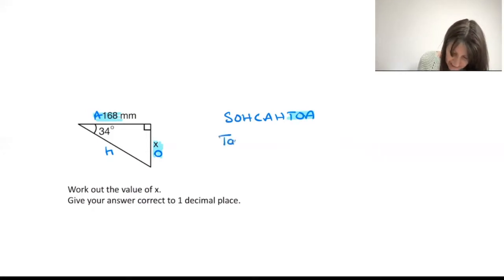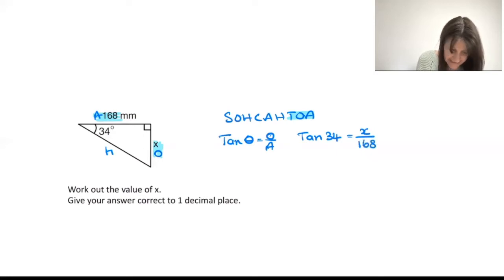So tan theta is opposite over adjacent. Tan, I've got the angle of 34 equals opposite is X. A is 168. So if I want to know what X is, I get it on its own. So that 168 is going to land as a times. So I've got 168 times tan 34.